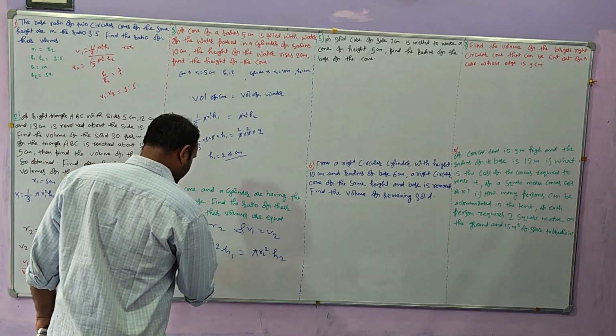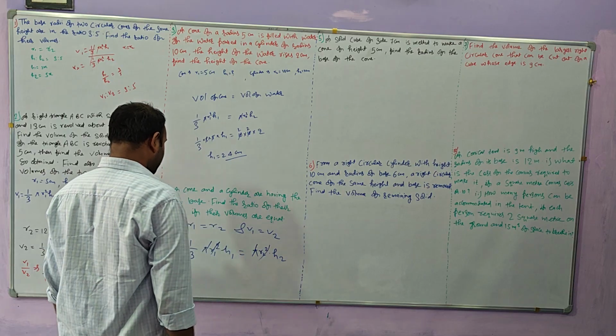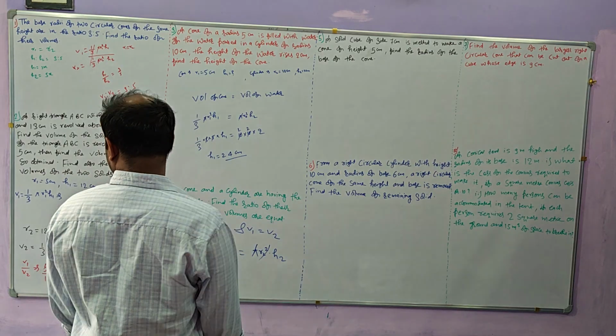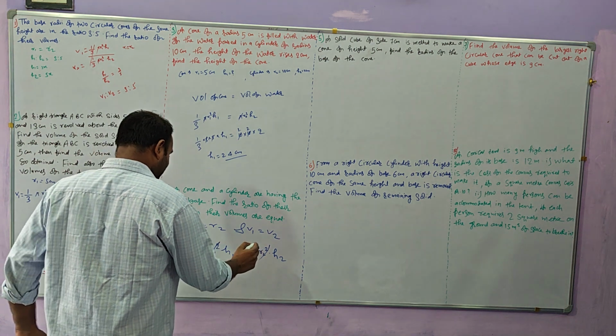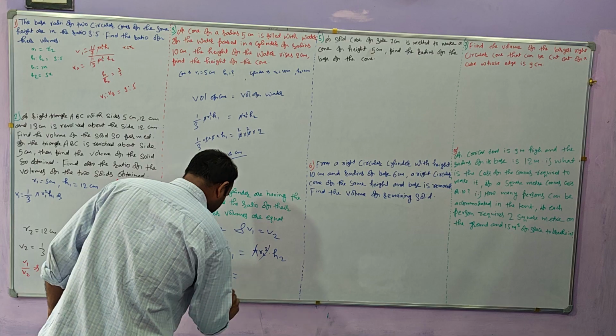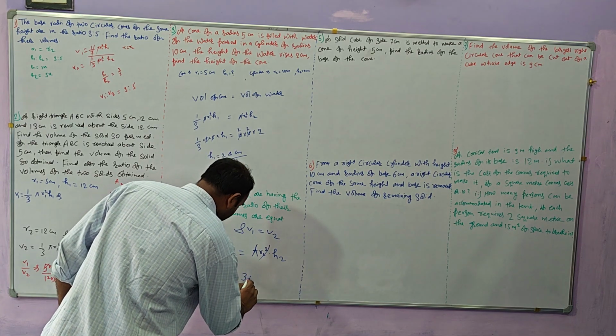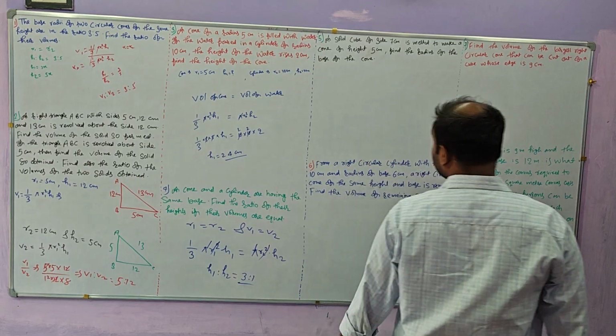So pi cancel, R1 R2 cancel, both of them are equal. So we can easily say that H1 to H2 is equal to 3:1. Next we need to find out.